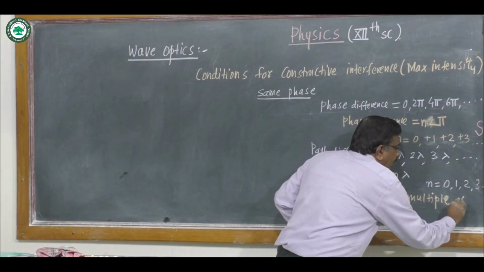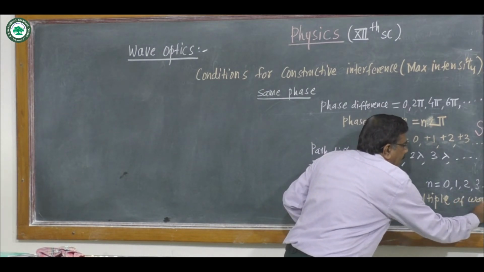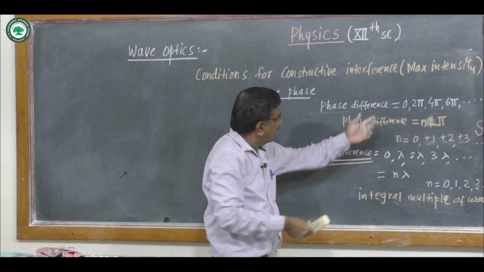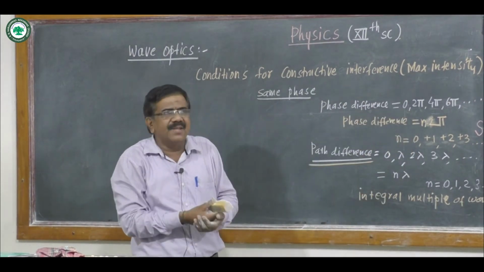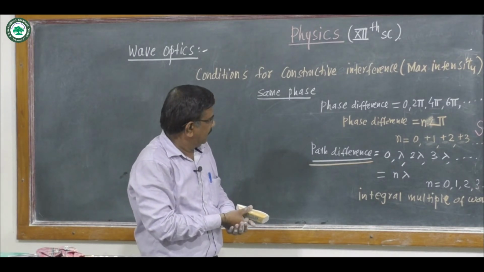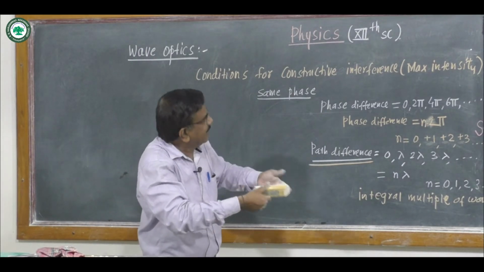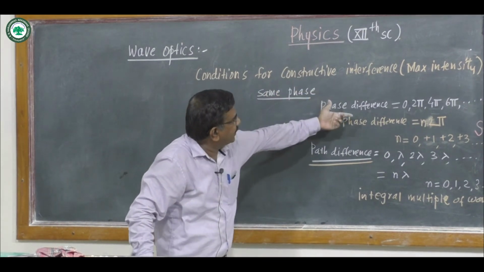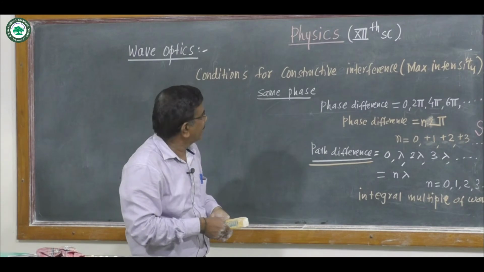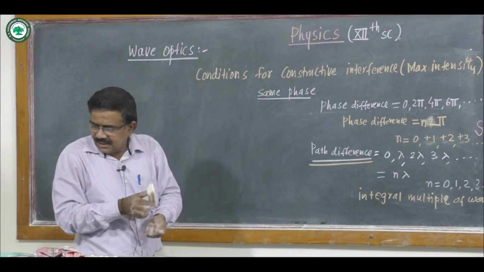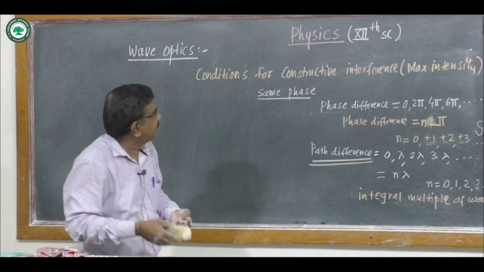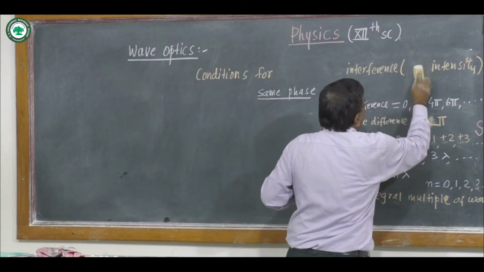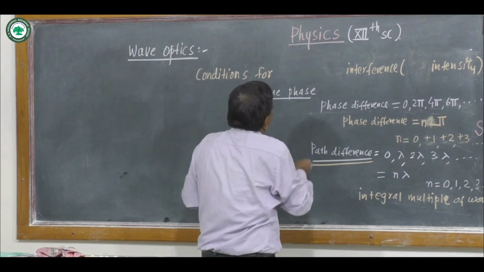And when this condition is satisfied, the waves are in same phase, and we get the maximum intensity point, and the interference is constructive interference. Now we see the conditions for destructive interference or conditions for minimum intensity.